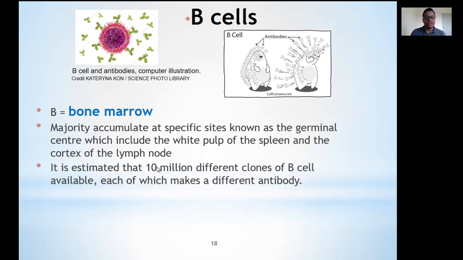It is estimated that there are 10 million different clones or types of B cells available, each of which can make a different antibody. So we can imagine that the B cells have 10 million different types, which means they will be able to recognize at least 10 million types of pathogen or antigen.